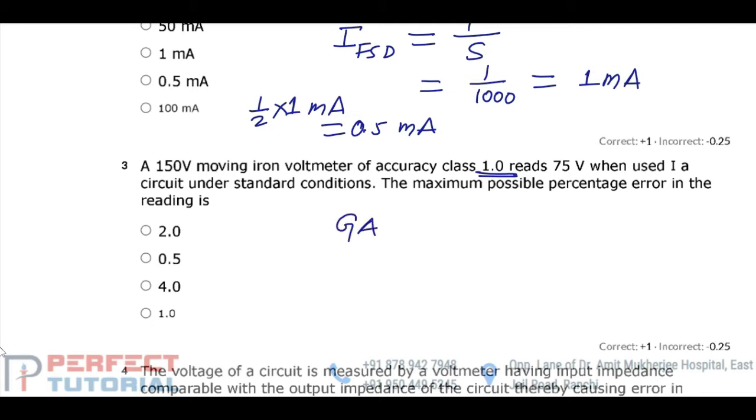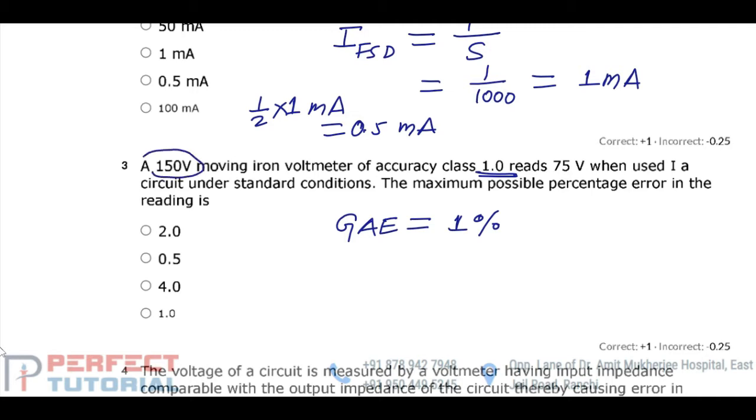So here GAE, that is guaranteed accuracy error, is given as 1%. 1% of guaranteed accuracy error actually means that the manufacturer is giving a guarantee of 1% of error. Guaranteed accuracy error is calculated based on the full scale value, or IFSD or VFSD value.